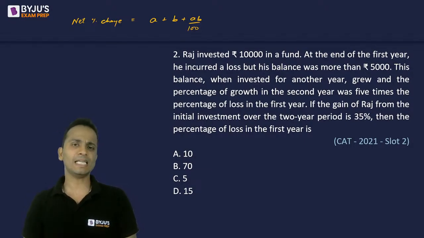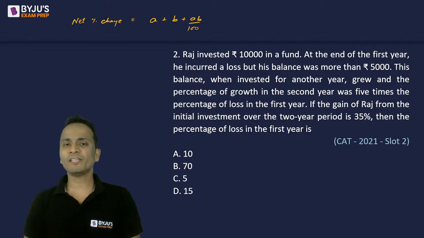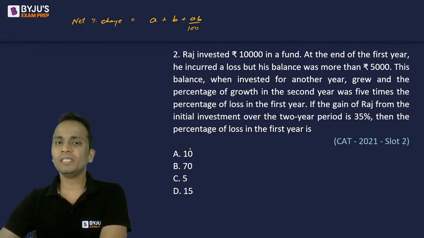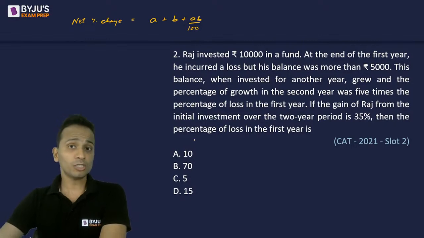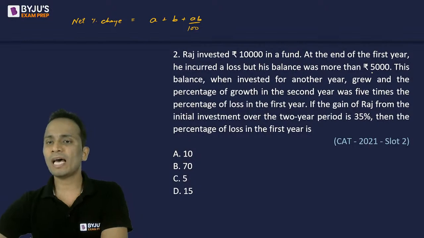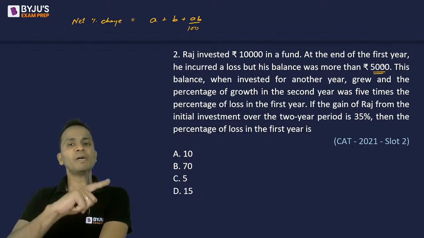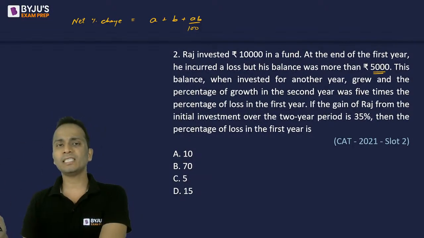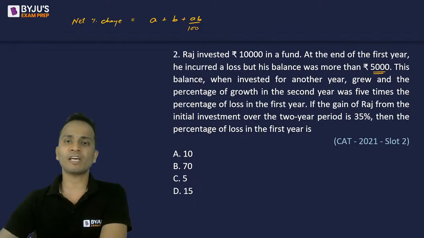But let us understand. Raj invested 10,000 rupees and he incurred some loss. The money will decrease by some percentage and the balance is more than 5,000. So, the initial money is 10,000 and the final value is more than 5,000.